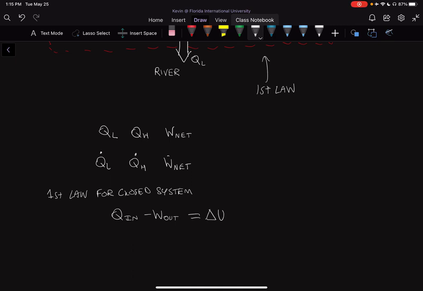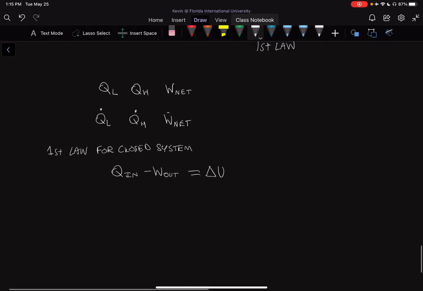Okay, now if we look at the system itself, since it's a cycle, and since we have nothing changing over time, we can say that the change in internal energy is equal to 0. Okay, so we have Q in minus work out is equal to 0.